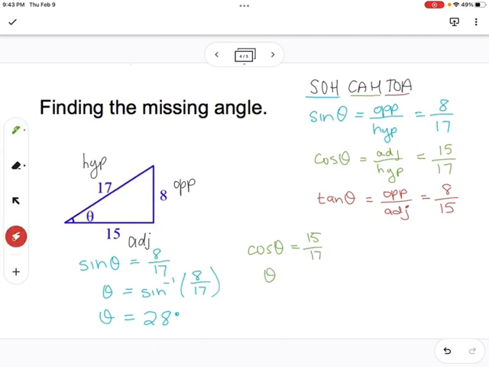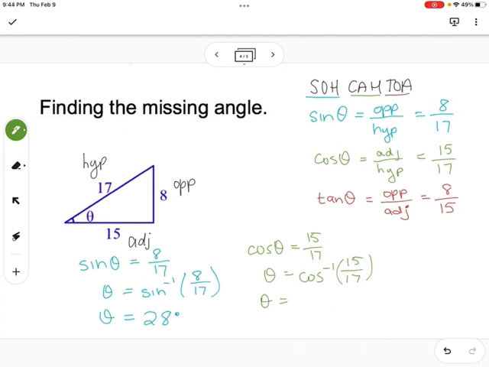Same thing applies. We want to get theta by itself, so we need to move cos to the other side. Moving cos to the other side, it will be a cos inverse, and we write that as cos -1, and the 15 over 17.